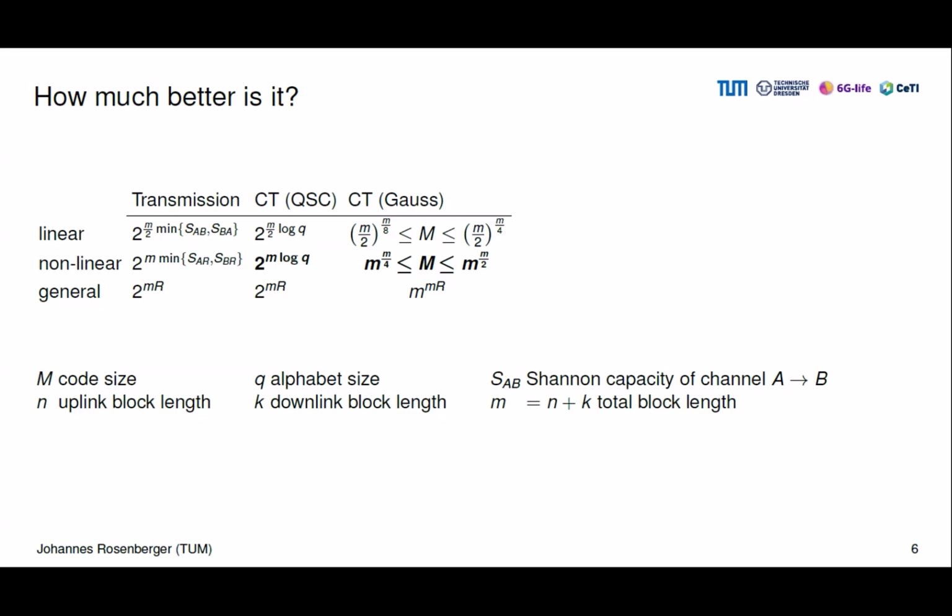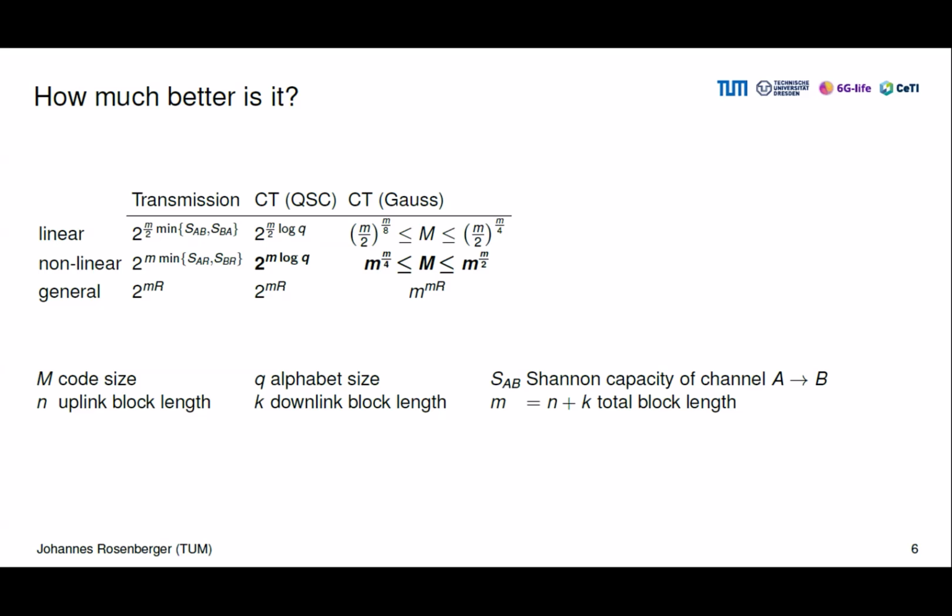So for the linear network coding, it's just determined by the rate from A to B and from B to A, because you get these single user channels from Alice to Bob and from Bob to Alice. And since your code book size is determined by the worst performance, because both have to be possible, the minimal rate determines your performance. And for the nonlinear protocol, it's determined by the rates from Alice or Bob to the relay, basically.